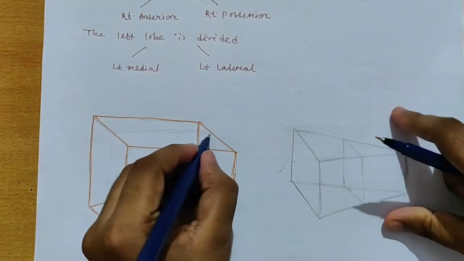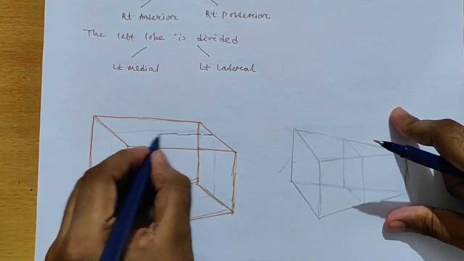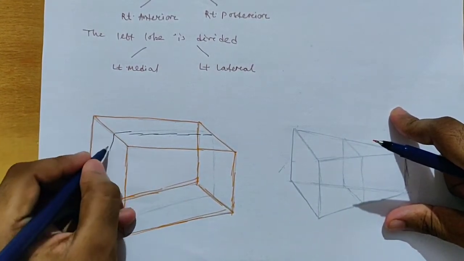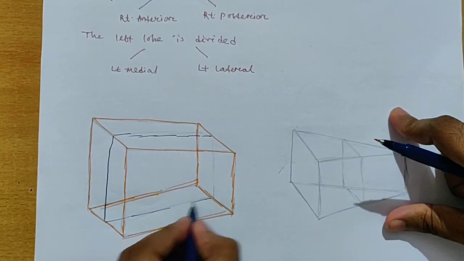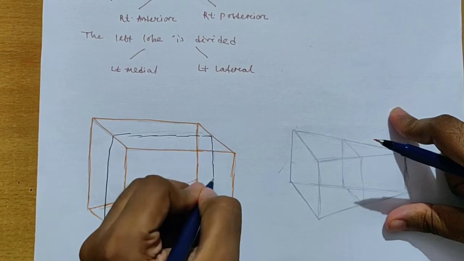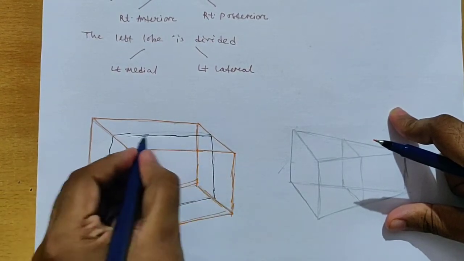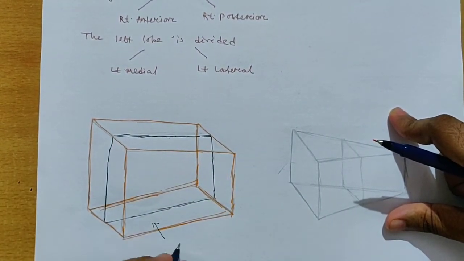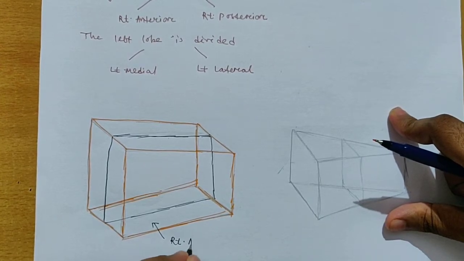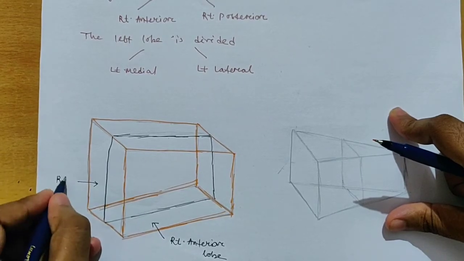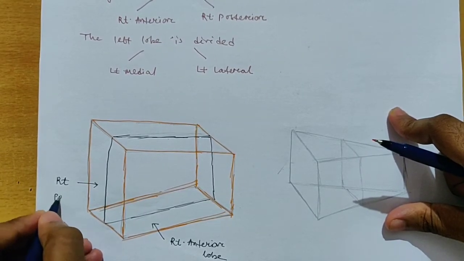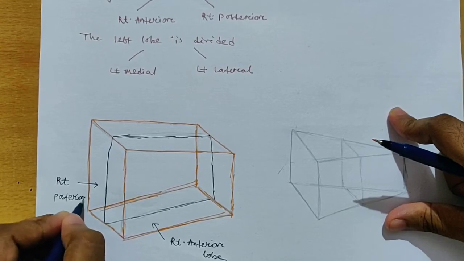Now we will divide it into anterior and posterior. This one is the right anterior lobe and this part is the right posterior lobe.